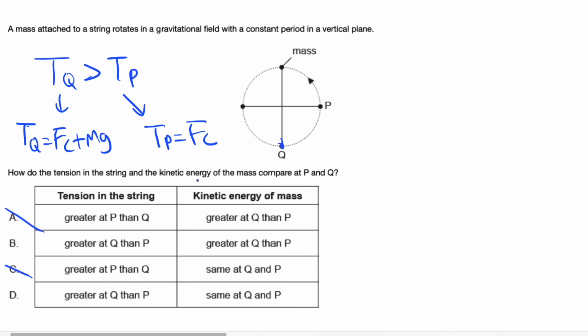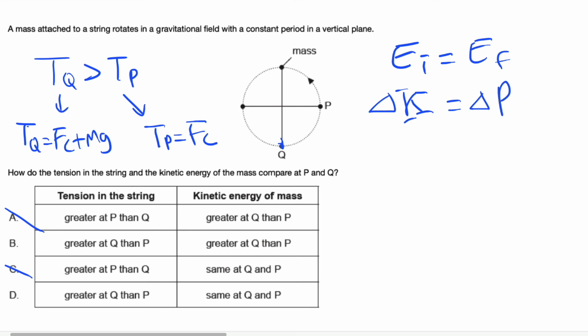And what about your kinetic energy? We can use conservation of energy. So initial energy is equal to final energy, so your change in kinetic energy is equal to the change in potential energy. To be more specific, the change in your gravitational potential energy, right?